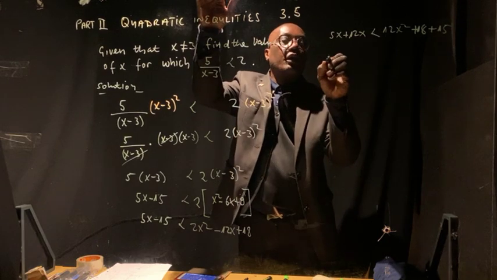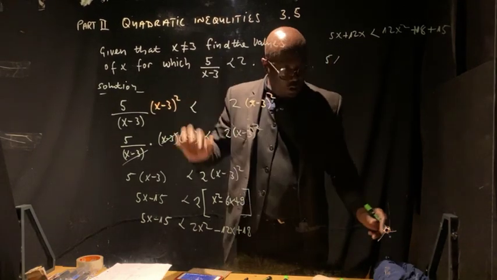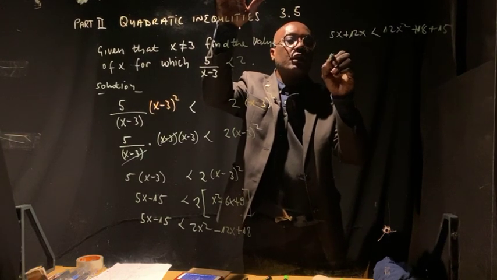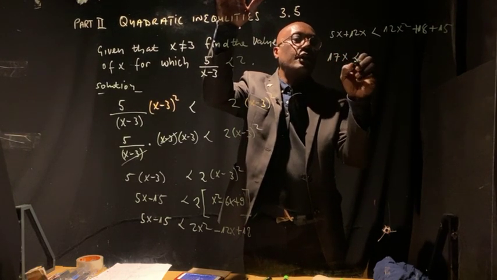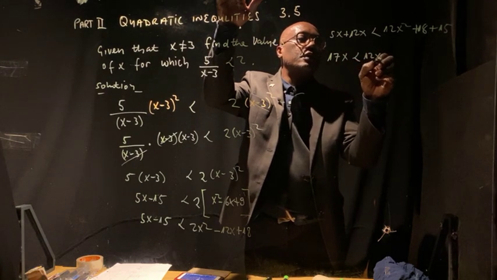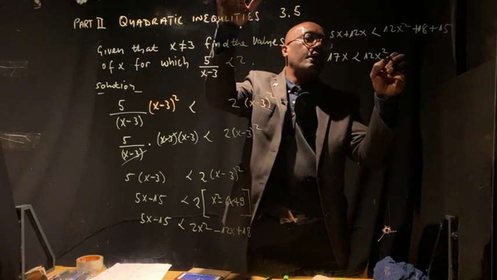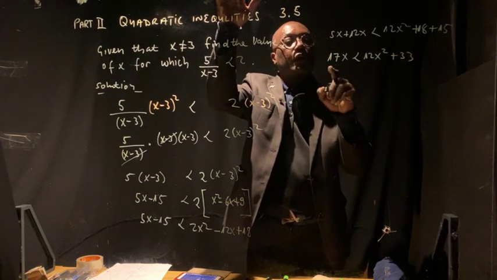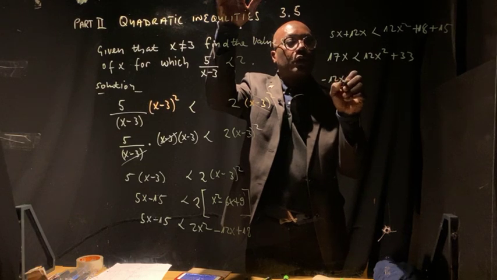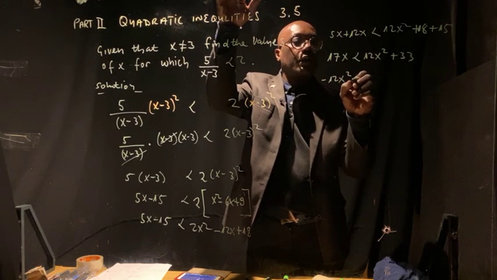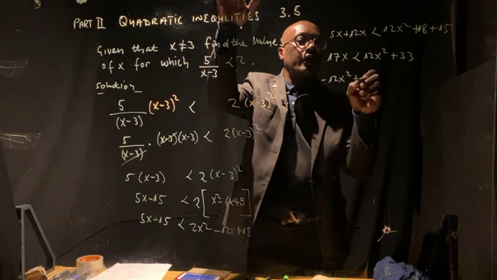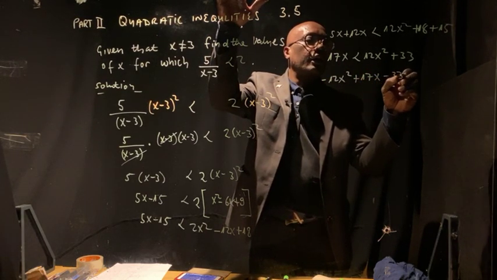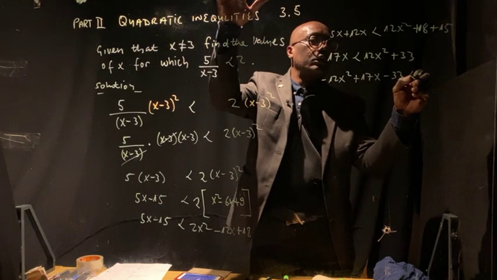So we have 5x plus 12x, we have 17x less than 12x squared plus 33. We will bring this one here, it becomes minus 12x squared, plus 17x stays there, 17x minus 33 is less than 0. Good.